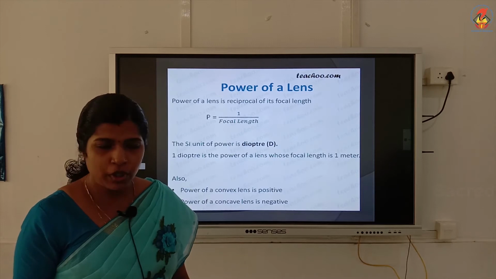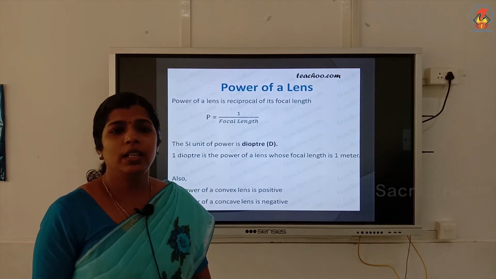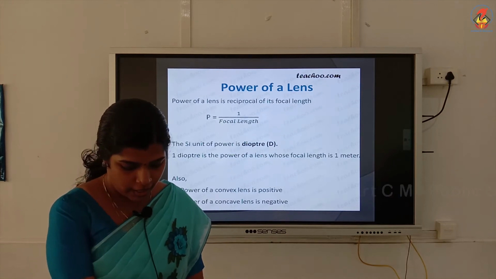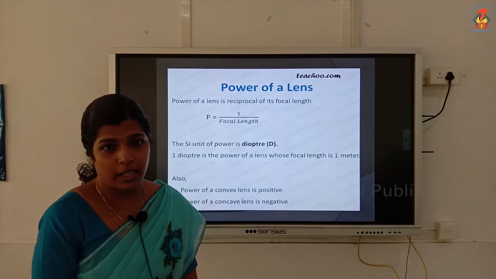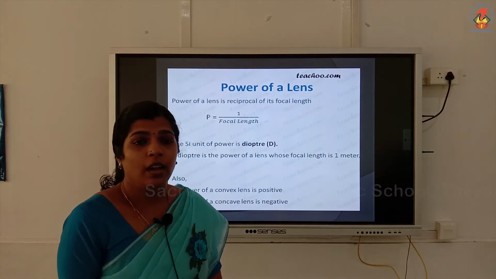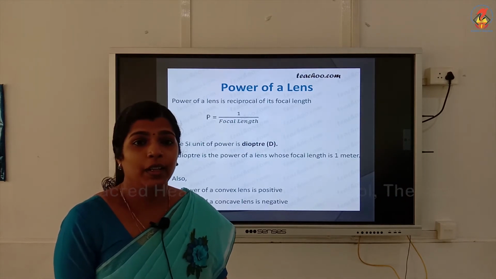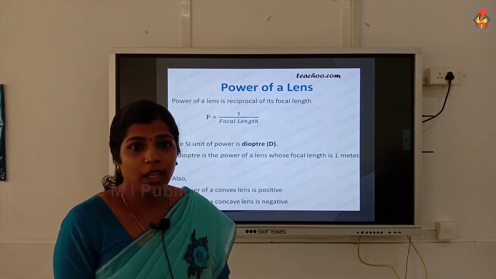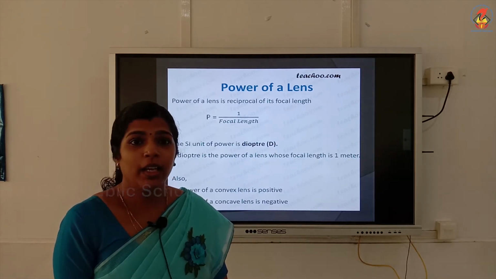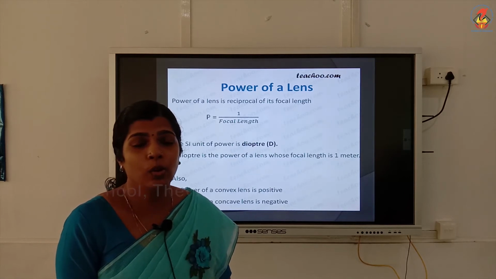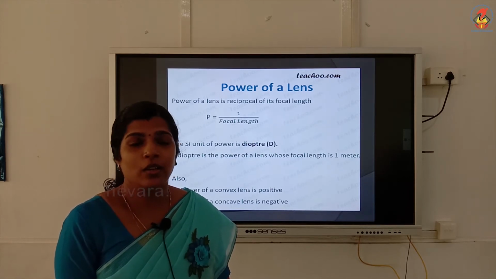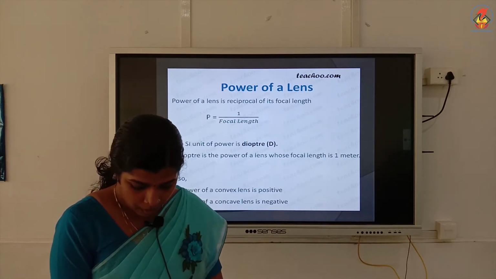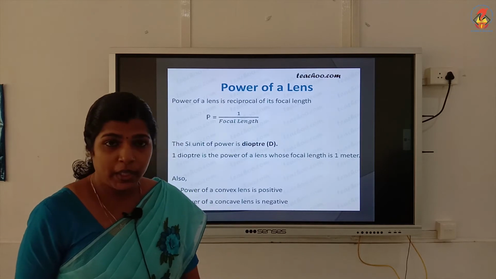Then one more definition is there: the degree of convergence or divergence of the light rays achieved by a lens when light rays pass through it. That is known as the power of a lens. That is given in your textbook, page number 183.